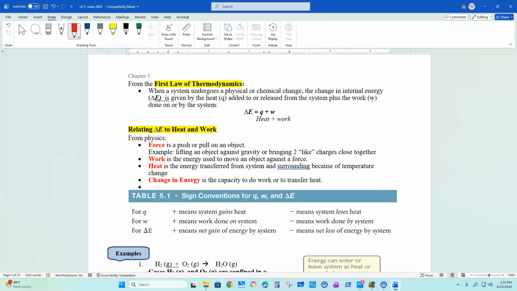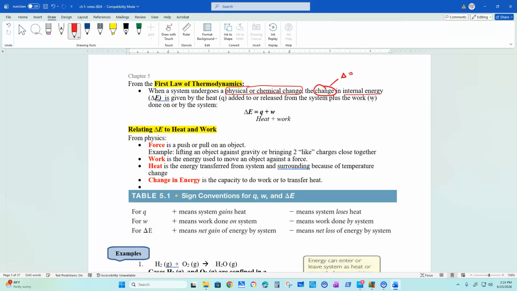So from the first law of thermodynamics, when a system undergoes any type of physical or chemical change, the change in internal energy, which we call E. Now, change is a very important word throughout AP. Change means it's a triangle.